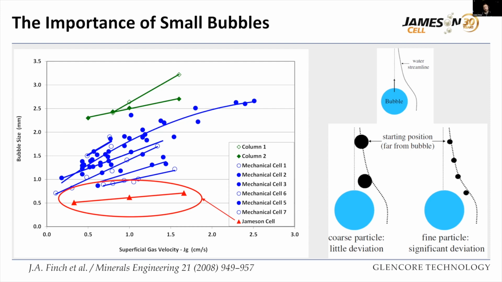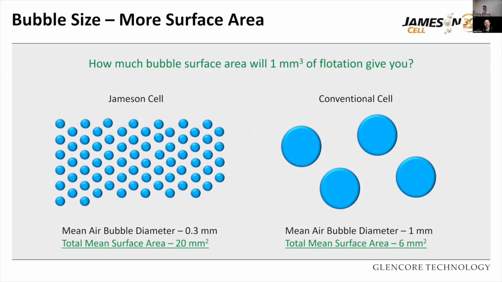But if the particles get too small, on the really fine side, like you can see at the bottom right there, that deviation of the wake or streamline outside the bubble may be too big a gap for the particle to ever come in contact with the bubble. So it might become extremely difficult or virtually impossible. That's okay, I think I nearly got my point across for this slide.